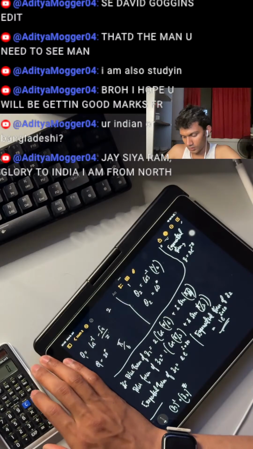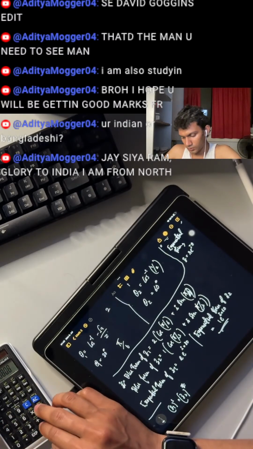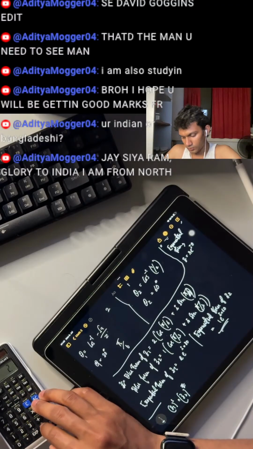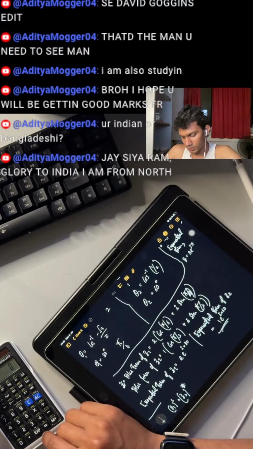Can't find the value, god damn it. 3 root divided by 2. We get 30, okay. That's 30, but that's not minus.